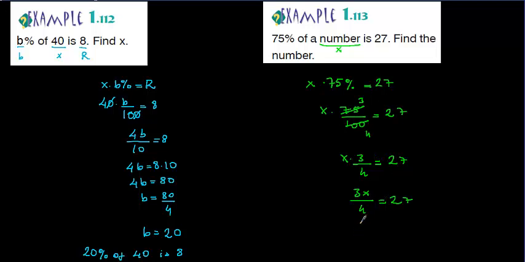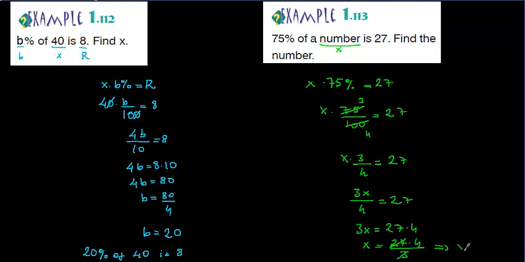Okay, 3x is equal to 27 times 4. So x is equal to 27 times 4 over 3. For this kind of operation, I prefer not to multiply the numbers first, because in the next step we are going to simplify again. That's why before multiplication you may simplify and then multiply.